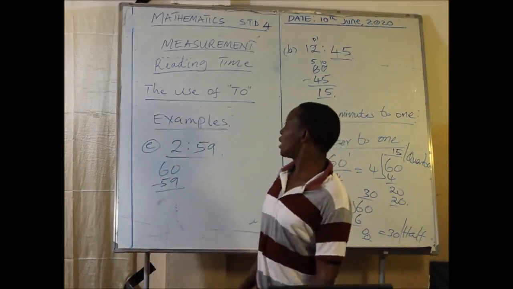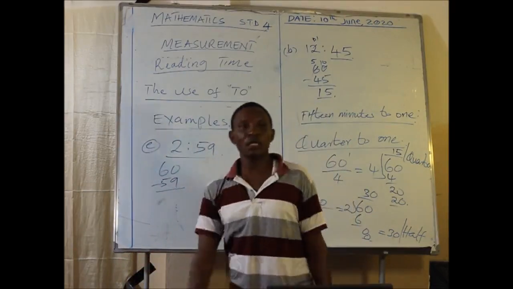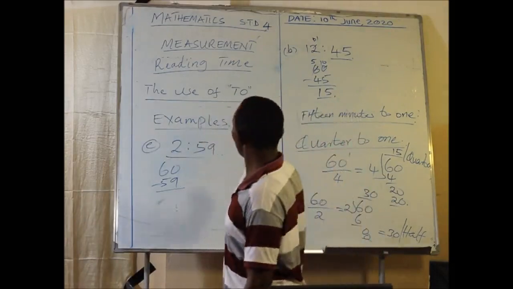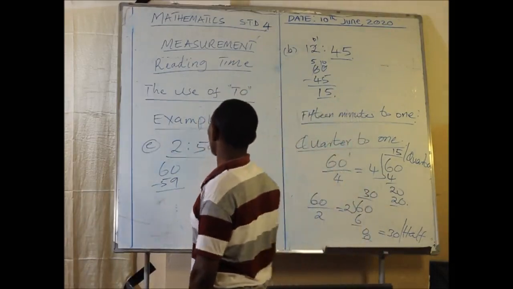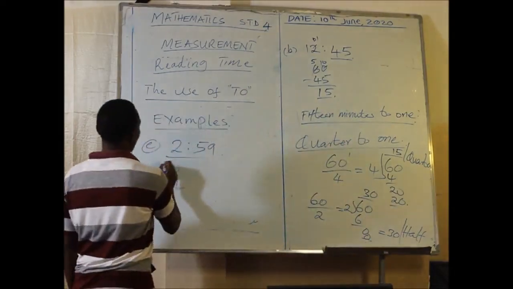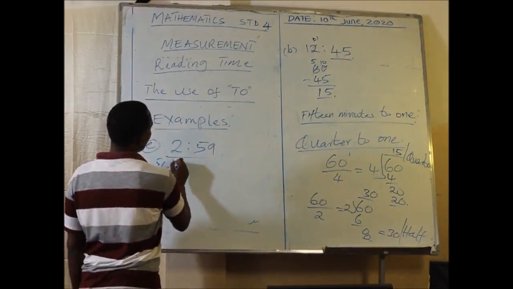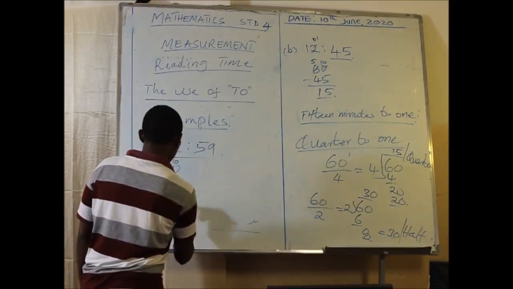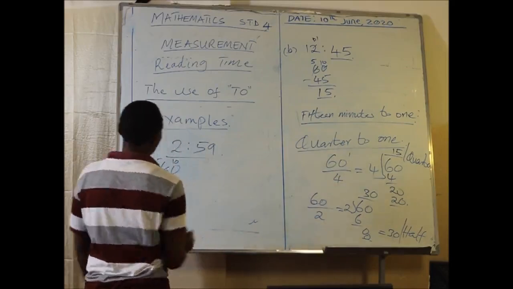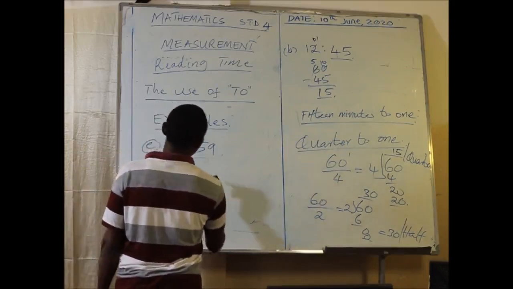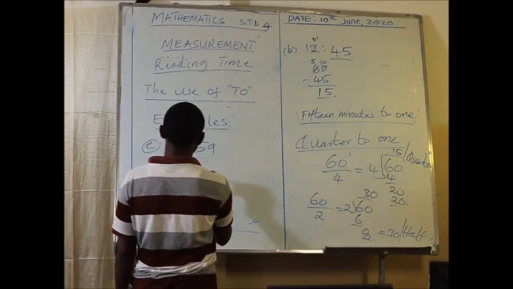Since it reached 2 o'clock, how many minutes remain to reach 3 o'clock? Let us subtract. We get 1, then this is 0.